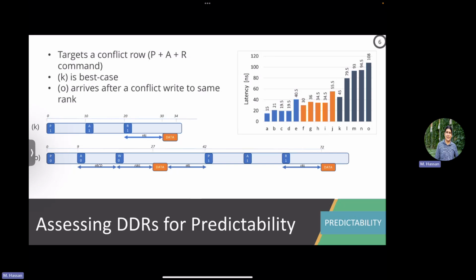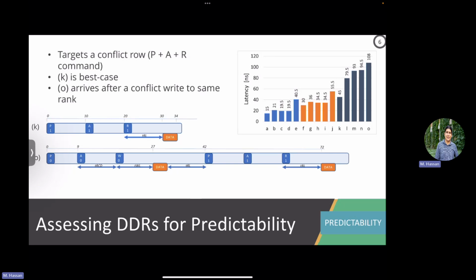Compare this to the worst case scenario here. This worst case scenario is 2 requests. They are row conflicts, so they are targeting different rows. The second one must wait for the first one to finish, wait for the data, and then precharge. And also, you can suffer a read to write switch, or write to read switch, so you also wait the turnaround time.